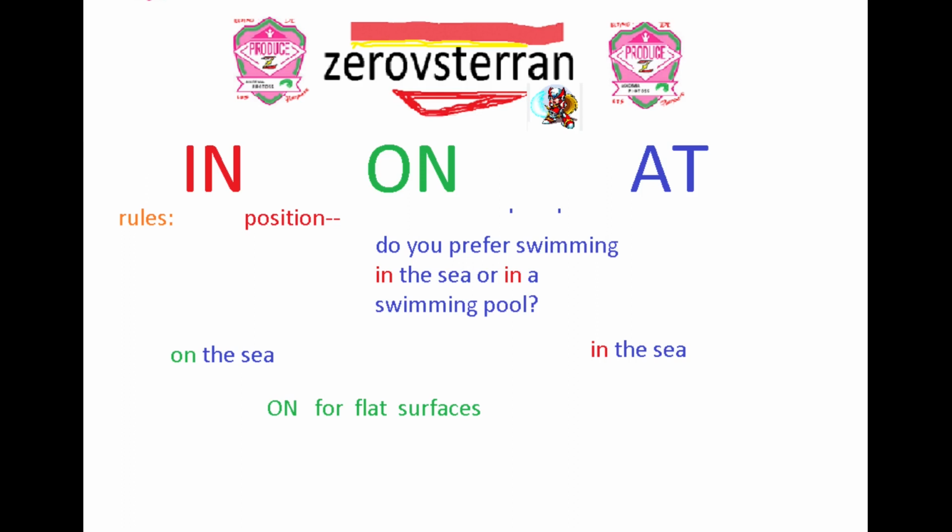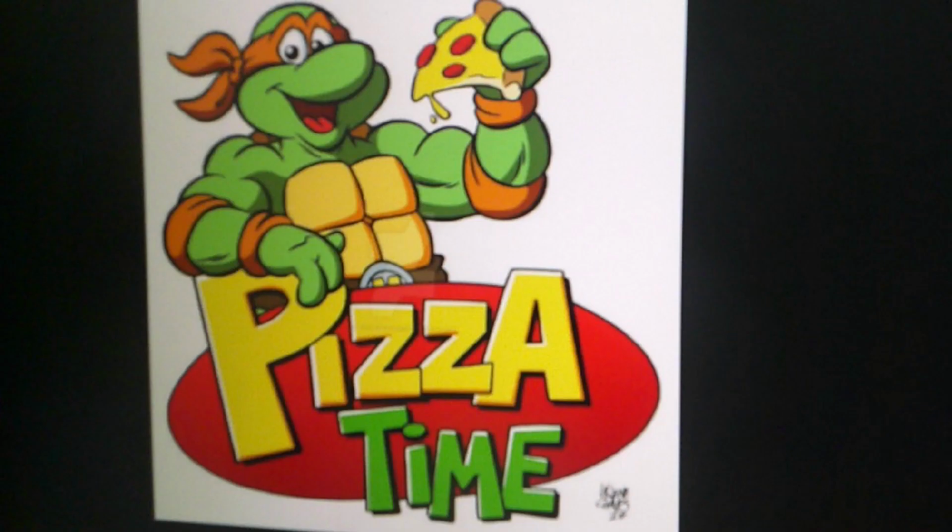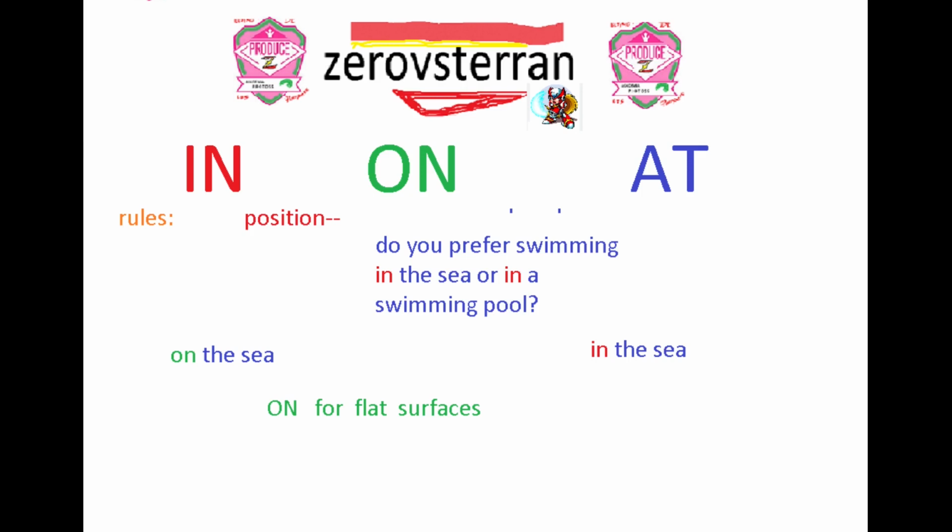My camera is on a tripod. A photo is on the wall. Hey, look at that bird on the roof. My bag is on the floor. The man is sitting on the bench. Can I have some extra pepperoni on my pizza? Okay, you just think flat surfaces, use on.